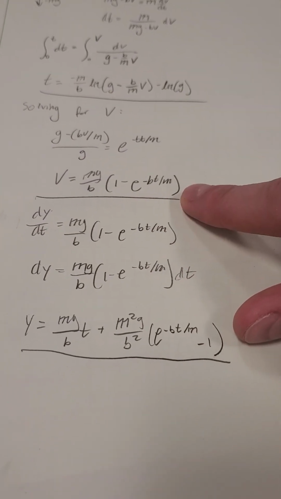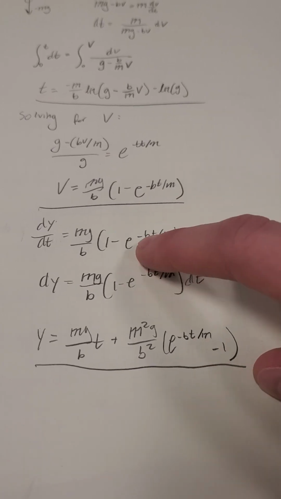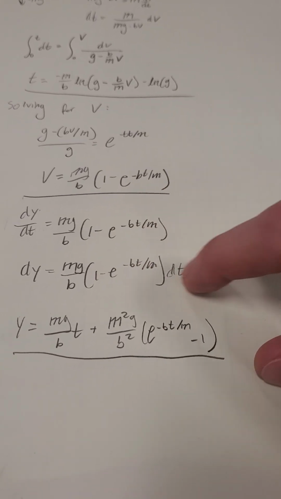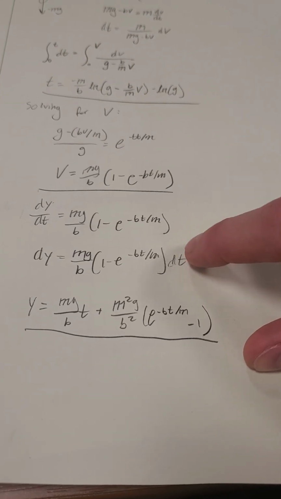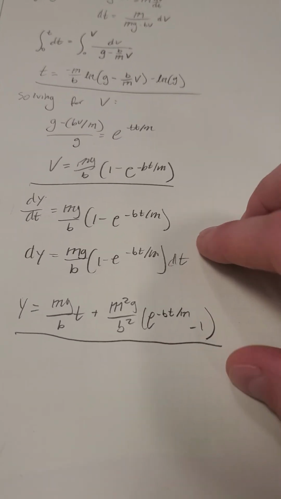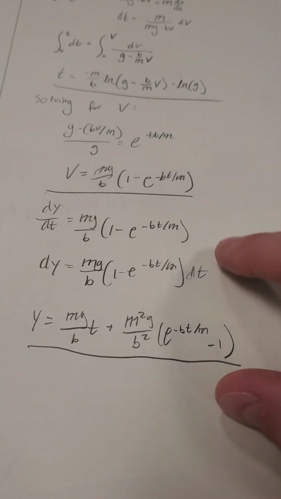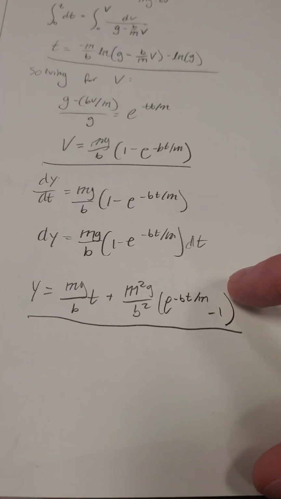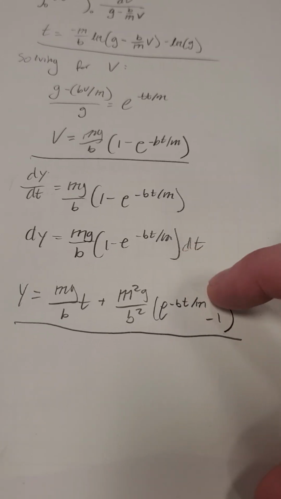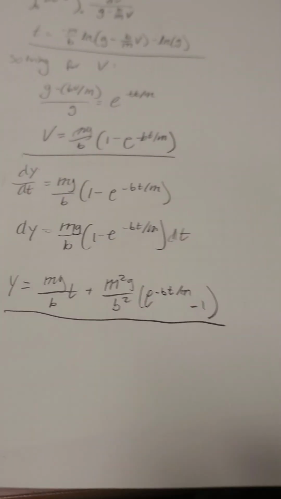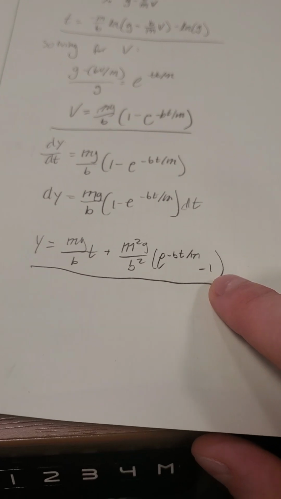So I solve for the dy and then the dt on the right side. So it's going to be a position function based on time that gives you the position. So you integrate this again. I'm going to be honest, I had to look up how to do this integral. I had absolutely no idea how to integrate that. So yeah, it gives you that for the position.